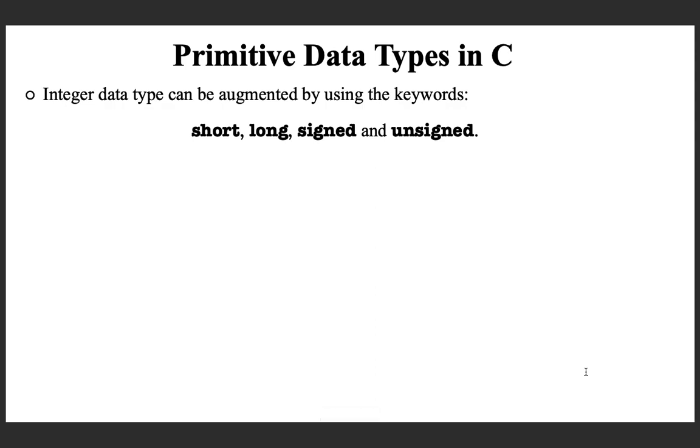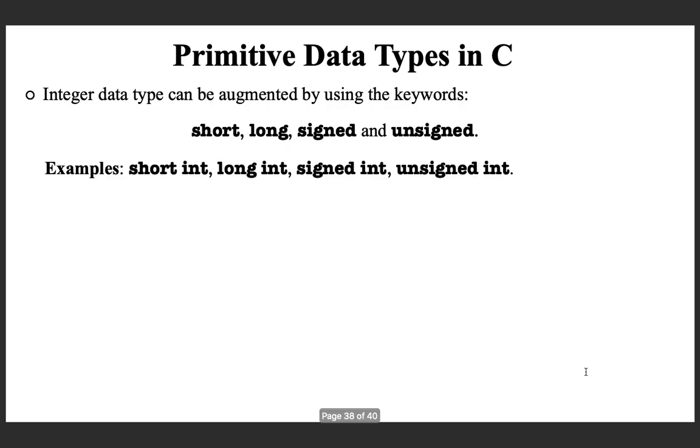We have seen the integer data type, and actually the integer type can be augmented by these keywords. Example usage: you can say short int, long int, signed int, or unsigned int. What is it? Suppose in your compiler, an integer takes 4 bytes. Then usually when you say short int, it takes only 2 bytes.